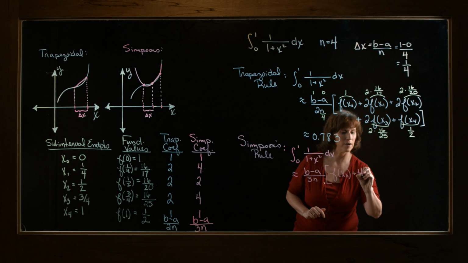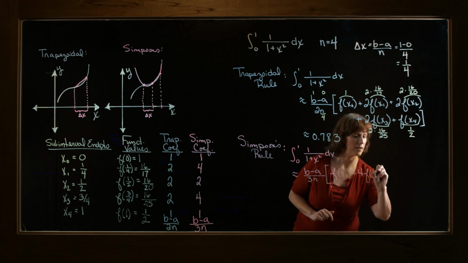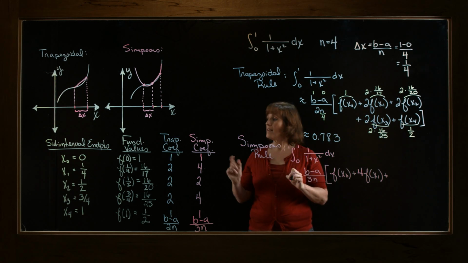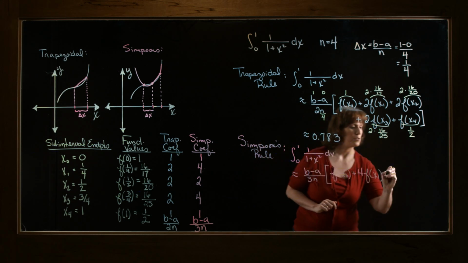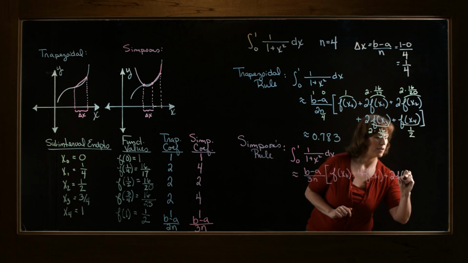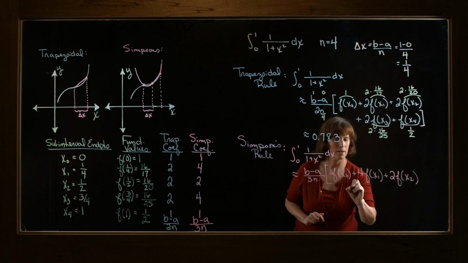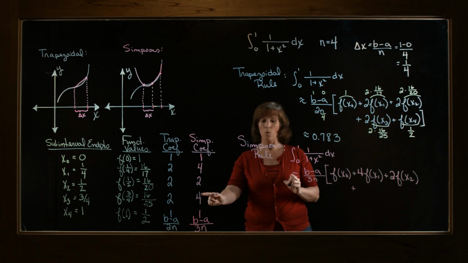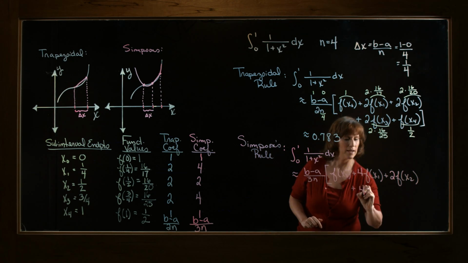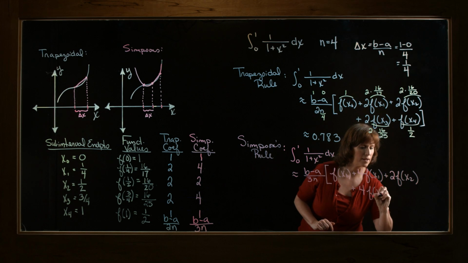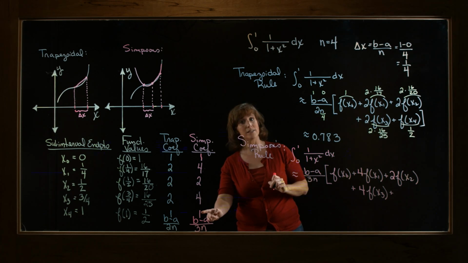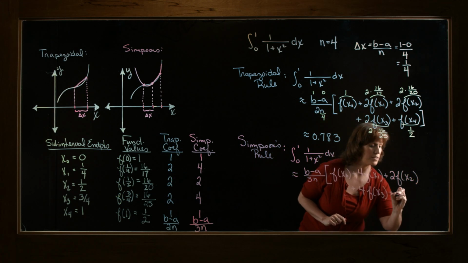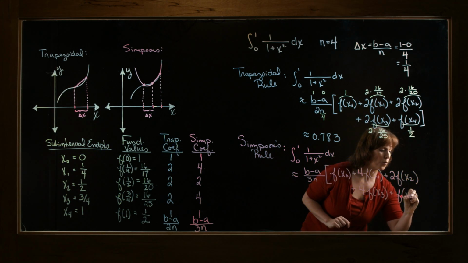So we'll have 4 times f of x sub 1. Next, we'd like f of x sub 2, but I need a coefficient of 2. So 2 times f of x sub 2. Next term will be 4 times f of x sub 3. The last term is f of x sub 4. Notice it only has a coefficient of 1. So we just have f of x sub 4.